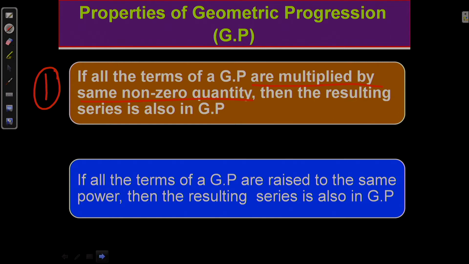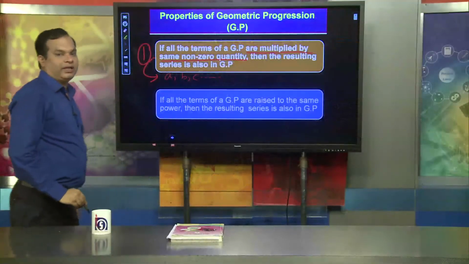that means, for example, suppose A, B, C dot dot dot is a geometric progression.